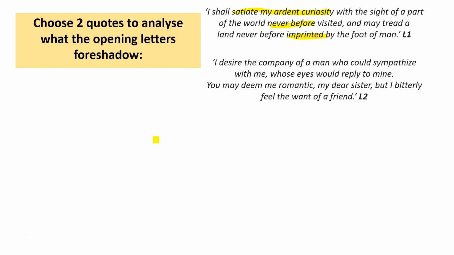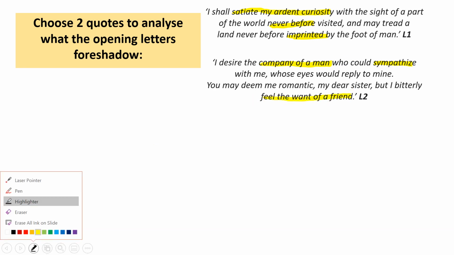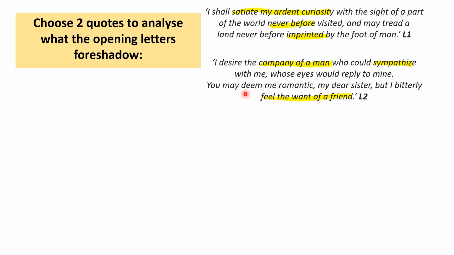So this quote particularly touches on ideas about companionship and the desire to feel nurtured and to feel loved, and how that links to not only Victor but also the creation's experiences in the main body of the narrative.